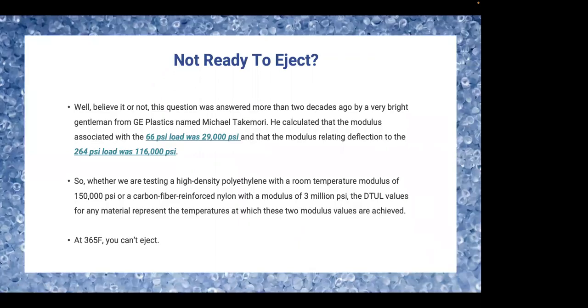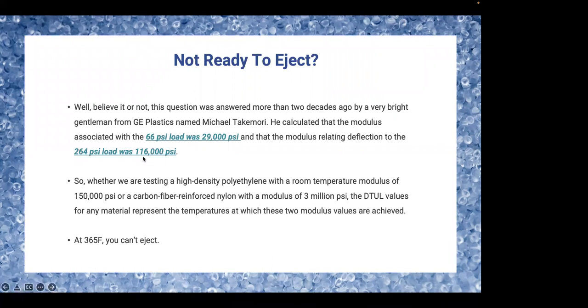I did some more research and I found out that for heat deflection temperature, there's a gentleman by the name of Michael Takemori from GE Plastics. He calculated the modulus associated with 66 PSI is 29,000. If you think about a very, very soft, elastic, Santoprene type or TPE, some very flexible, low modulus material, 29,000 PSI is very low modulus. 264 is about 116.